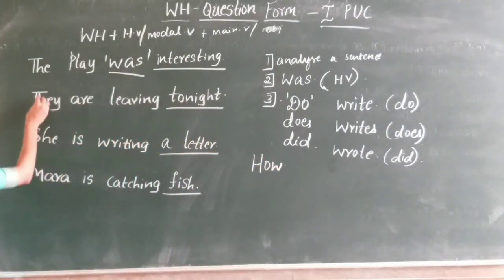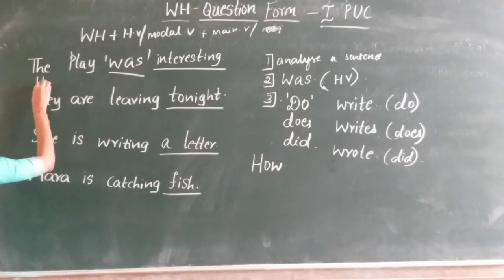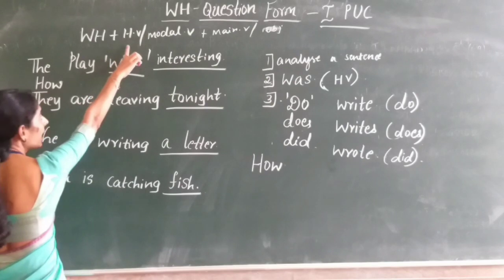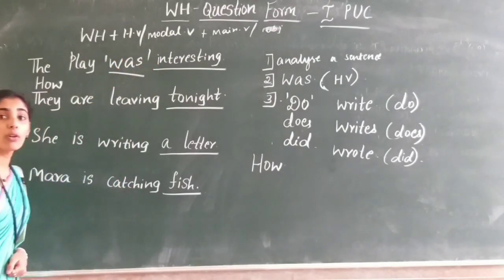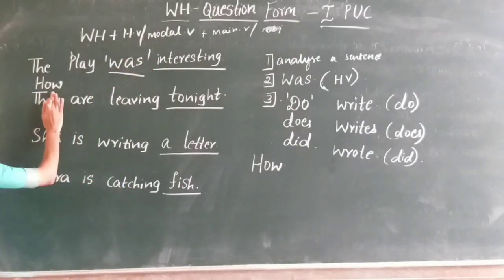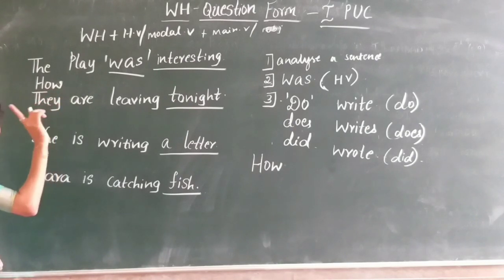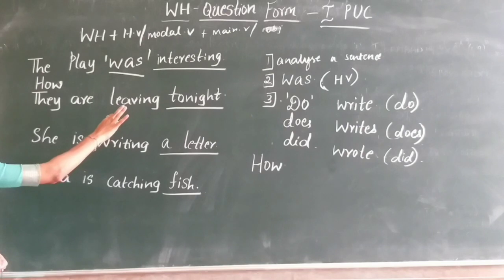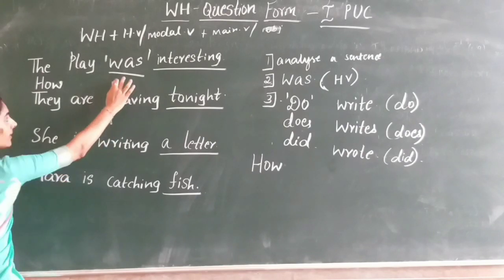So now you have to write how, and then after WH there should be a helping verb or modal verb. So just identify the helping verb. Is there a helping verb? Yes, that is was.